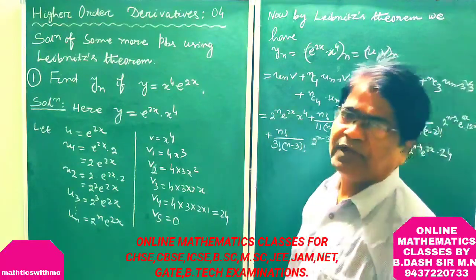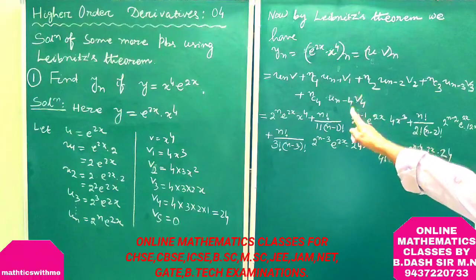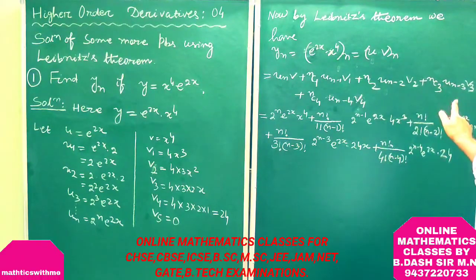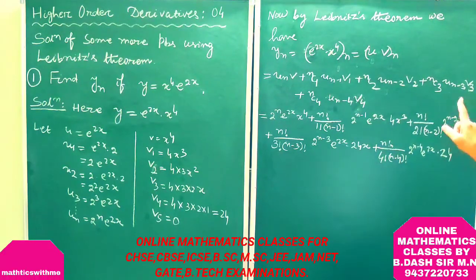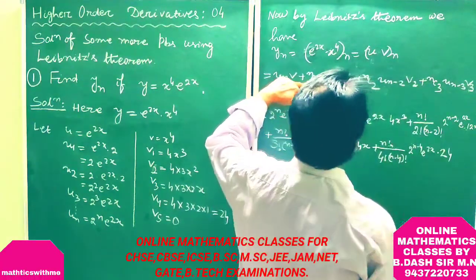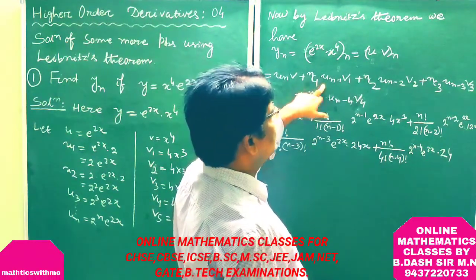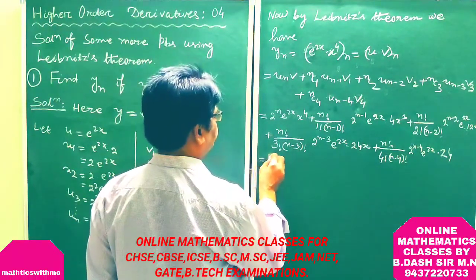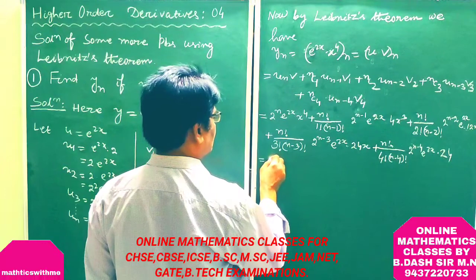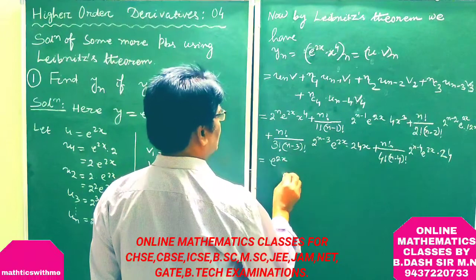Now we have substituted the values of un minus 1, un minus 2, un minus 3, un minus 4, v1, v2, v3, v4, and we have also written the values of nc1, nc2, nc3, nc4. So this is equal to e to the power 2x. We can take common e to the power 2x.